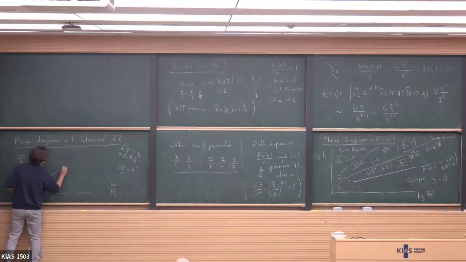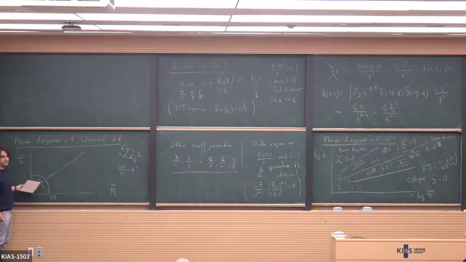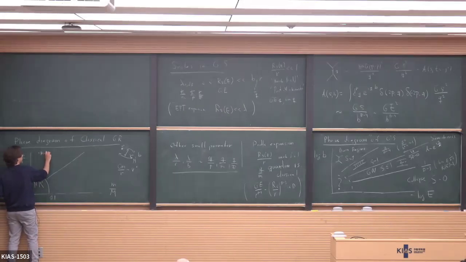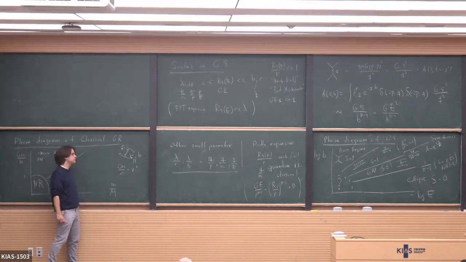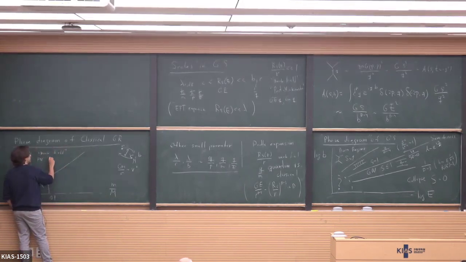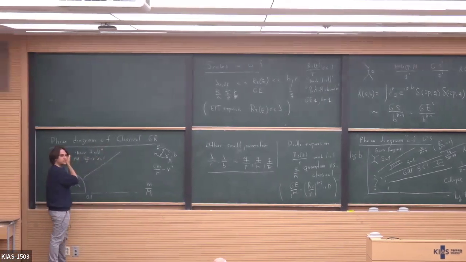Now, there's a region here. These boundaries are blurry, they don't have a particular slope. There's a region here where we have weak field expansions. So what are the weak field expansions? Well, we have the post-Newtonian expansion, which is the expansion when these parameters are small. For instance, for a bound system, GM over r is of order v squared, which is much smaller than 1.